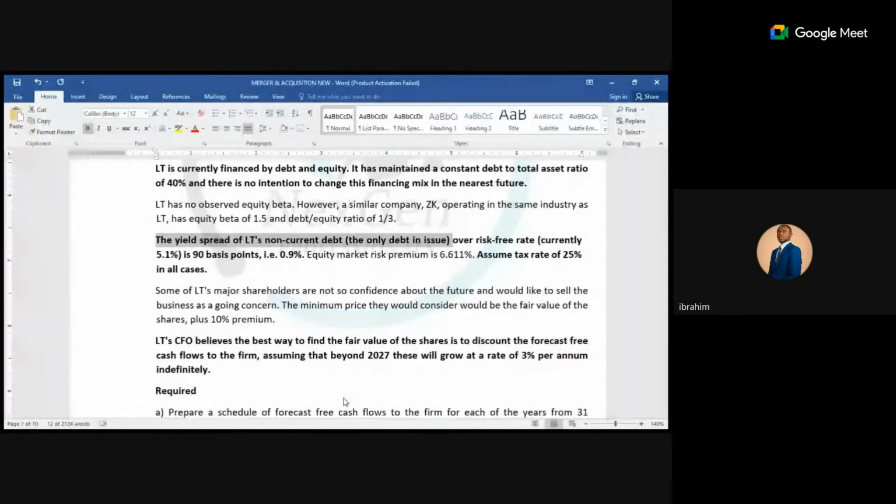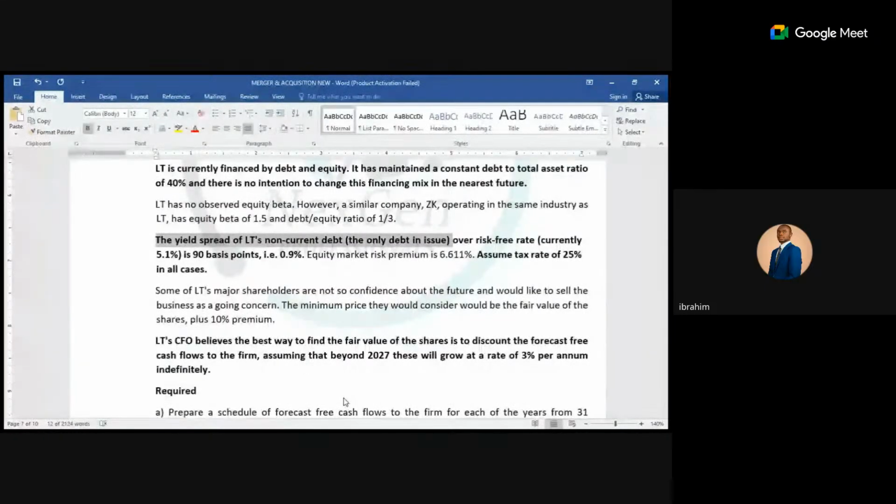When you have a yield spread, it is like your government's spot yield. And government spot yield is usually risk-free, right?